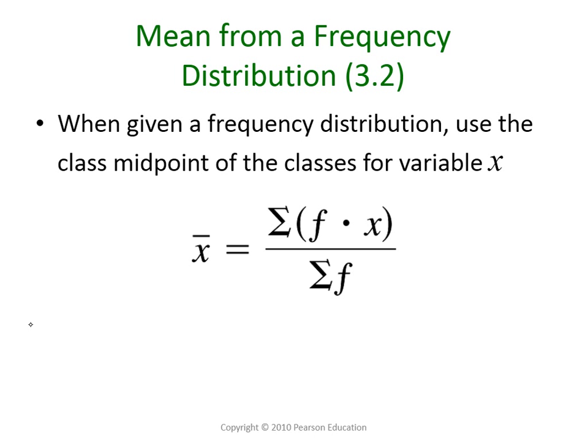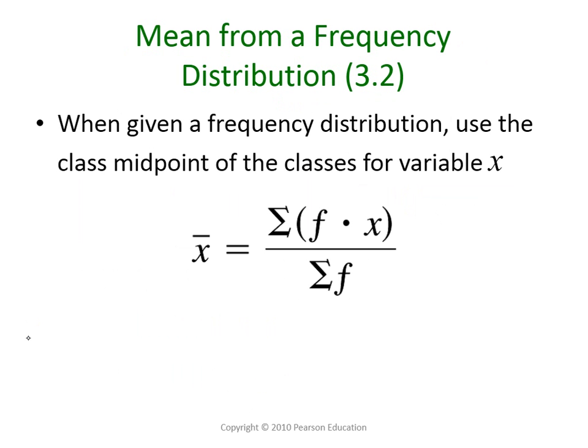You're going to take the sum, where you multiply the frequencies times the data value x, and divide that by the sum of the frequencies, where x is the midpoint of each class.